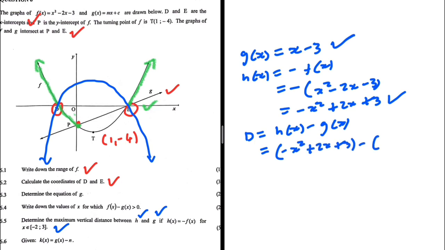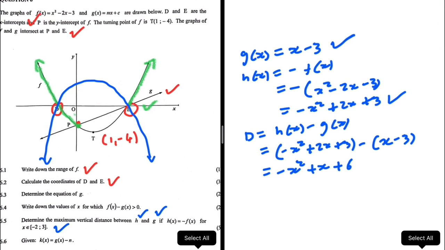And then g of x is x minus 3. So we're going to have minus x squared, 2x minus x, that is plus x, and then 3 minus 3, that is going to be plus 6. So we have plus 6. So this is the distance we are working with here, right?